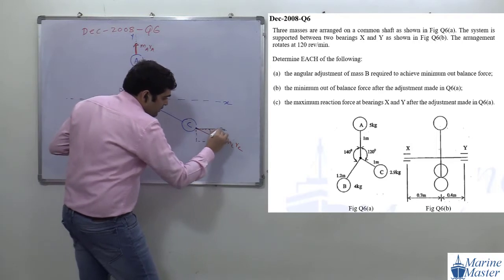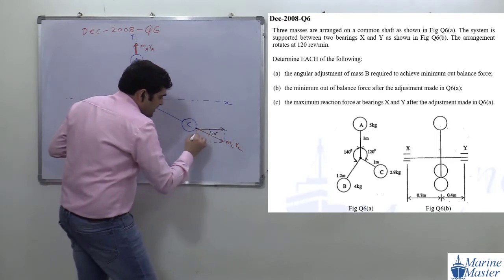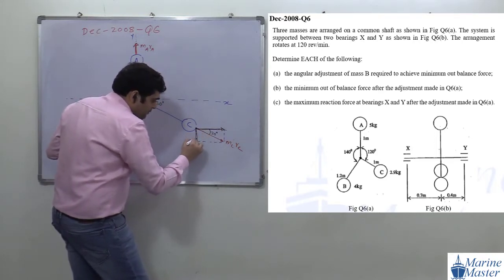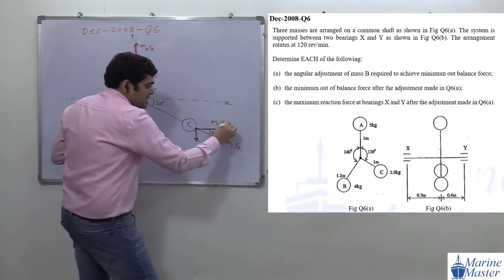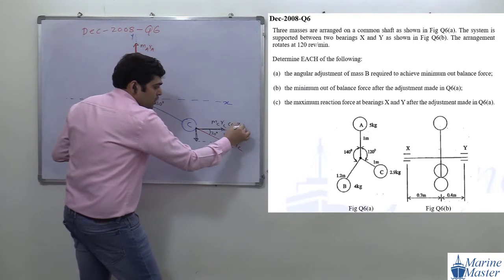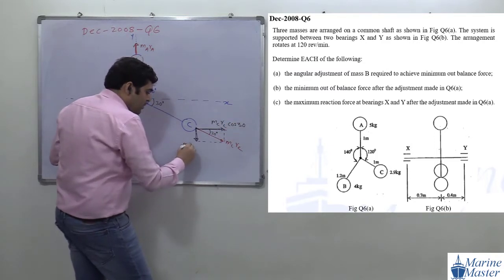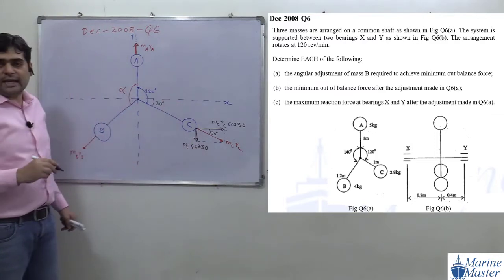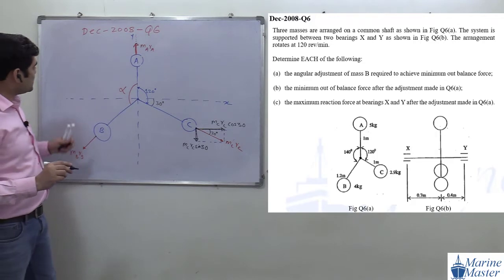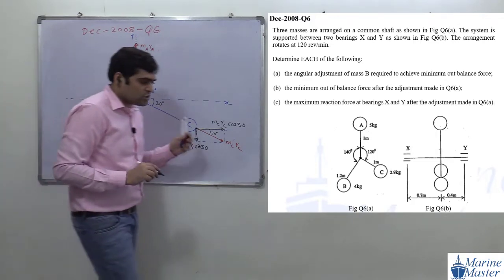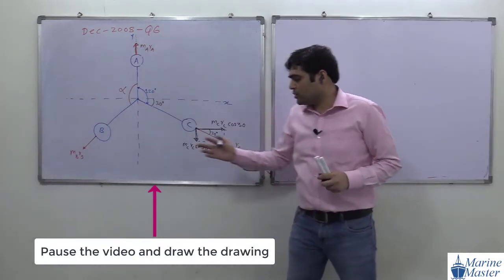So one component will be in this direction, the X direction. Another component will be in the Y direction. This will be MCRC cos 30, and another component will be MCRC sin 30. Anyone have any doubt in this discussion? Okay, good. So first of all, everyone, please draw this drawing.